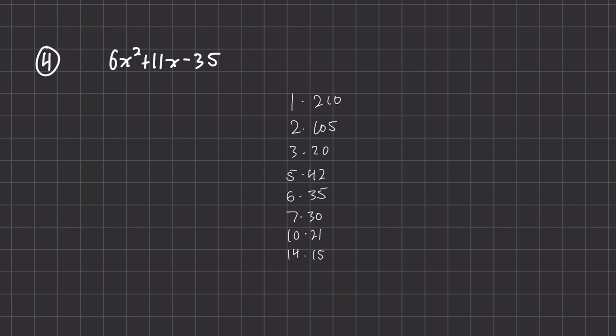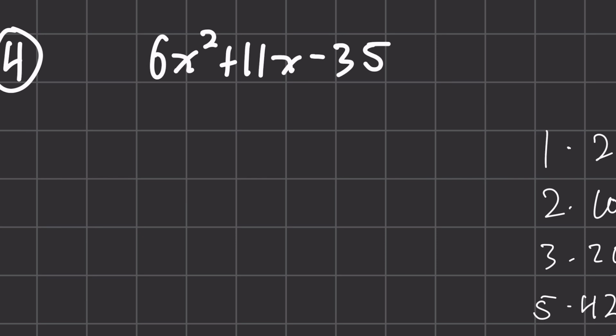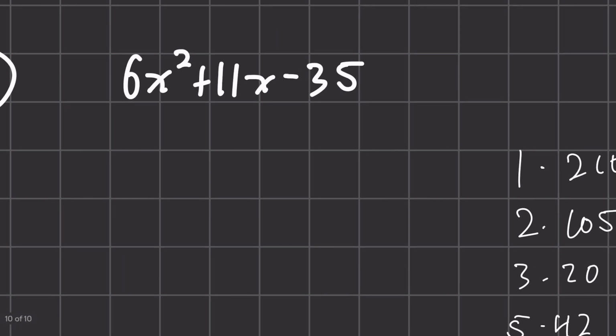Alright, so here is the fourth question. So this time it's a complex trinomial. There's a leading coefficient for x squared. So, like always, we're just looking for the two numbers that we can decompose it as. But unlike our first question, the number that we're trying to get two numbers to multiply to is not negative 35, but rather 6 times negative 35.